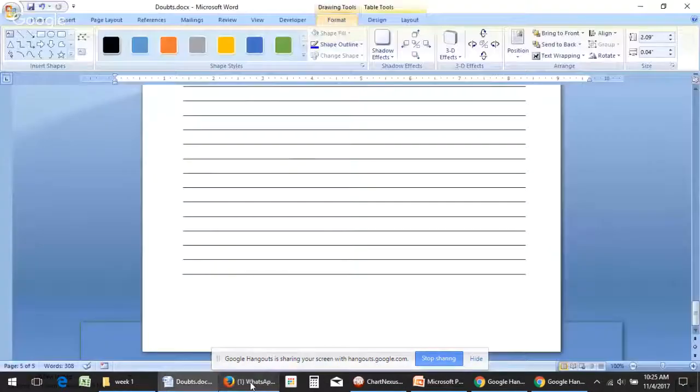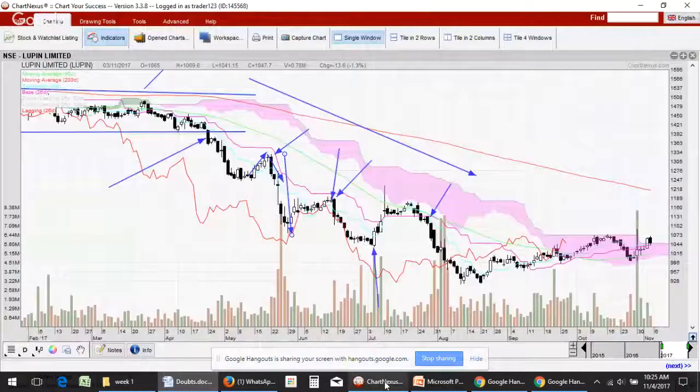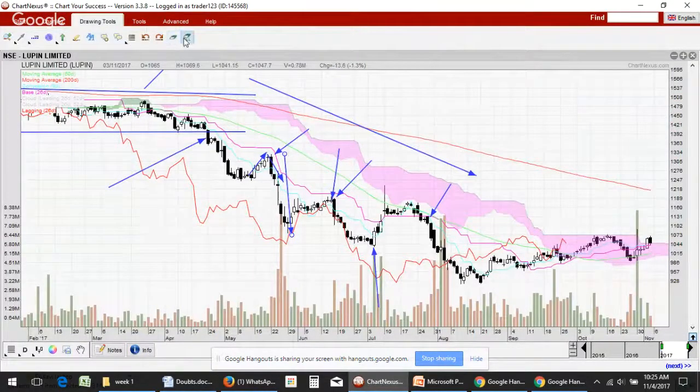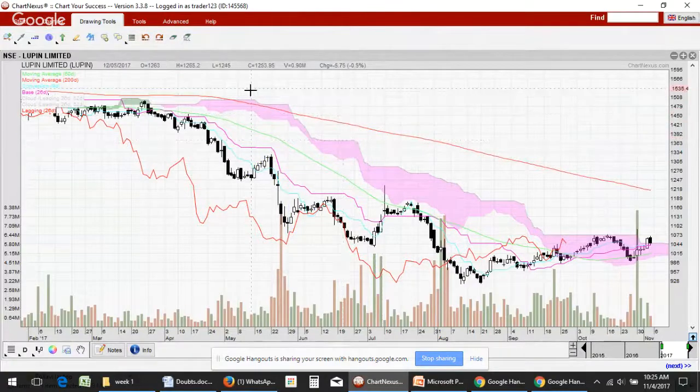Okay, so the question is about a high probability scenario. Let me erase all this stuff. A high probability scenario is nothing but technical conditions coming together at the same time. Just like in this example, you have resistance of the Kijun.